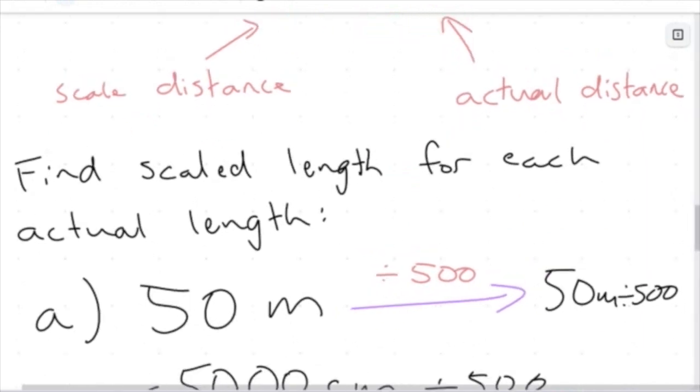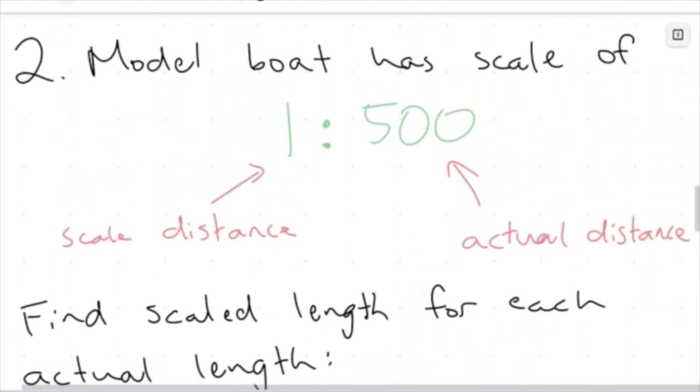And we're always looking at scaling. These are always in the form of my scale distance to my actual distance. And what this tells us is that my actual distance is always a certain amount of times larger than my original. So in this case, it was, for example, 500 times larger.